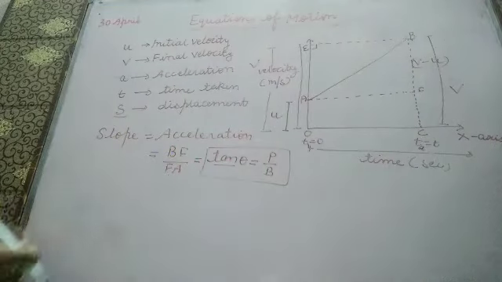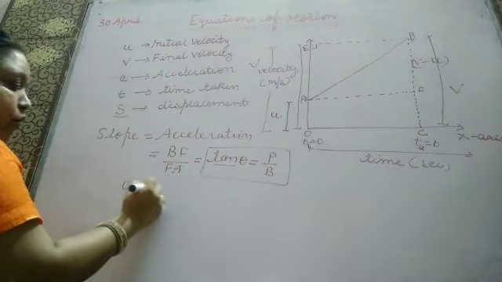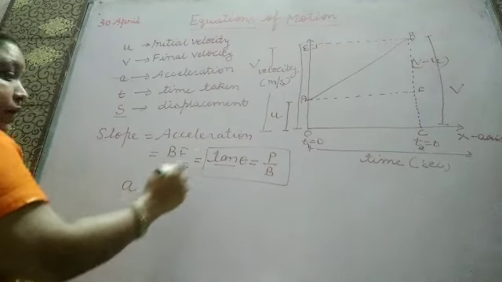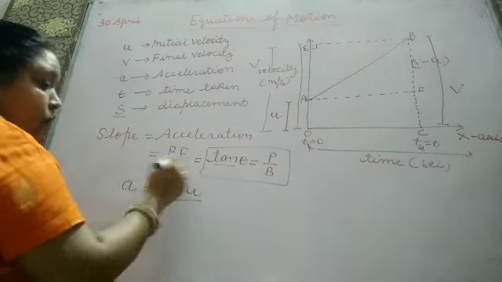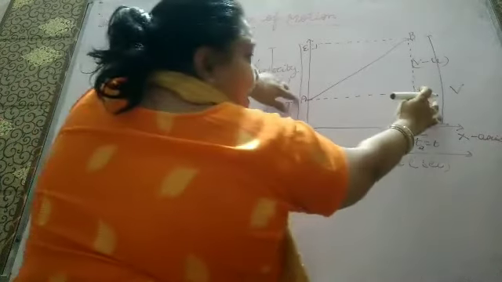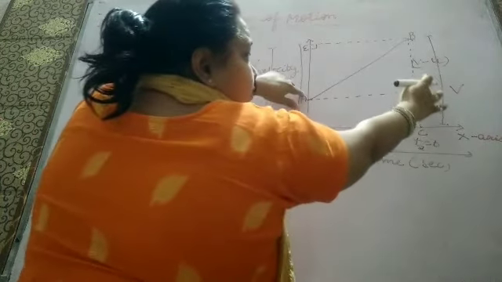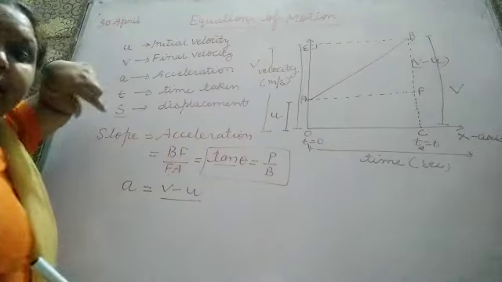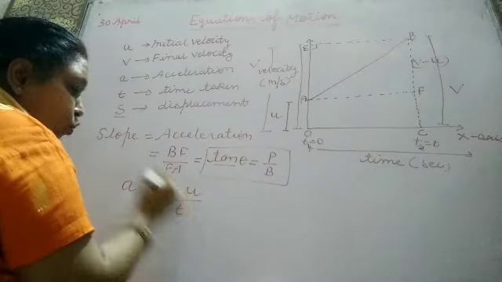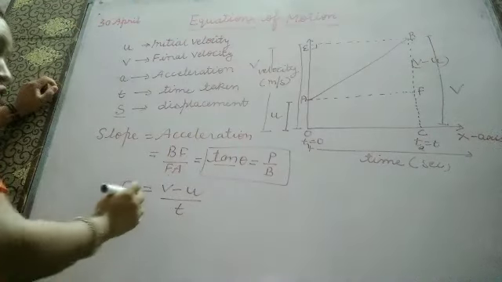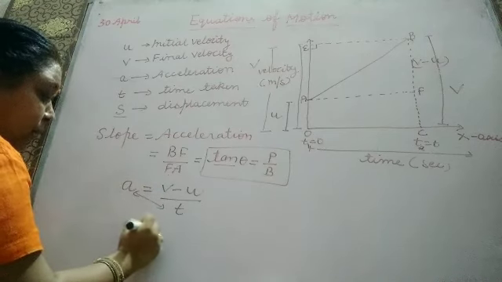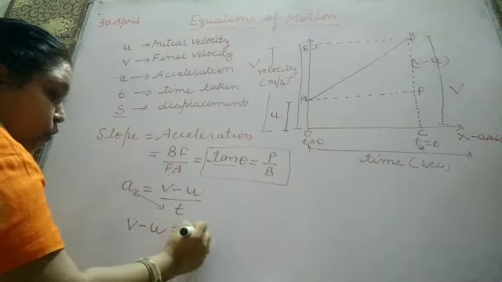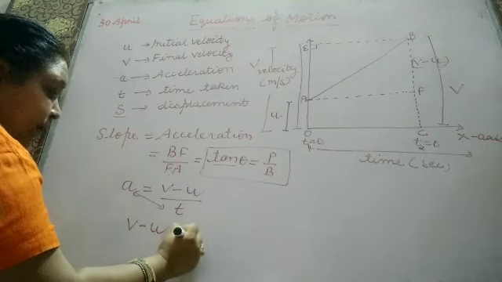So I can place it here. Slope is equivalent to A, and what is BF? V minus U, upon what is FA? This FA is just parallel to the time axis and it will be equivalent to T. So when we cross multiply it, it will be V minus U is equal to AT.